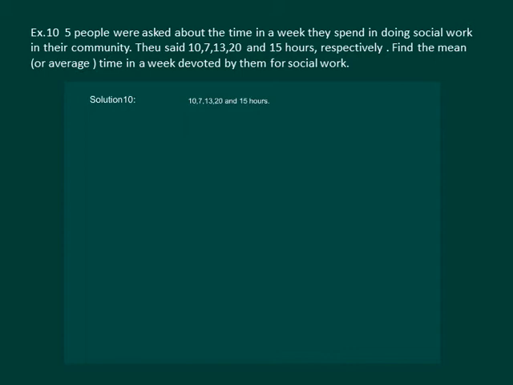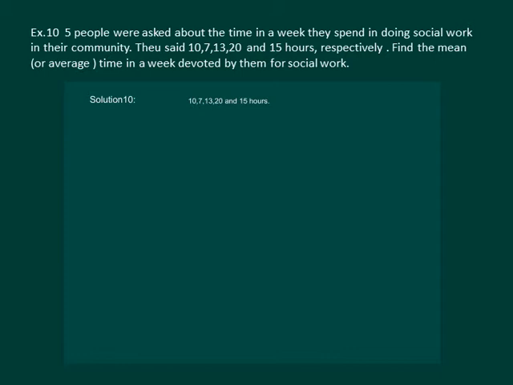Find the mean time in a week devoted by them for social work. We know that mean is equal to the sum of all the observations divided by the number of observations, that is 1, 2, 3, 4, 5. So, the sum of these hours divided by 5.